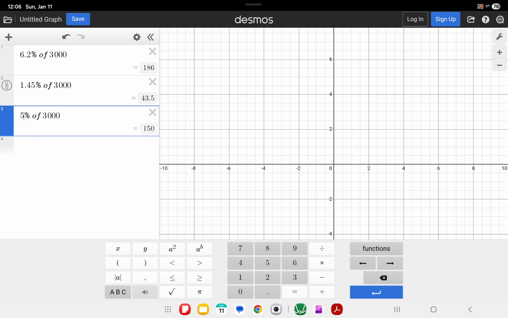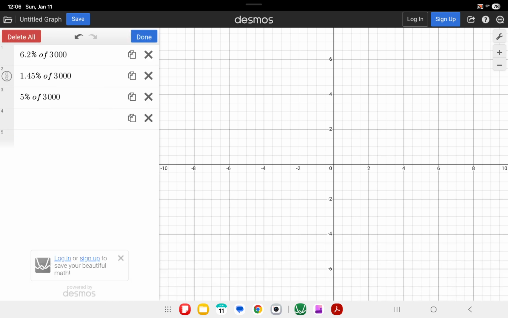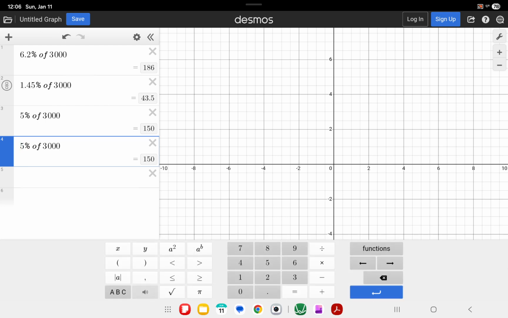And I also want to put in my quarter one, this is for the federal income tax. And that was 25%.